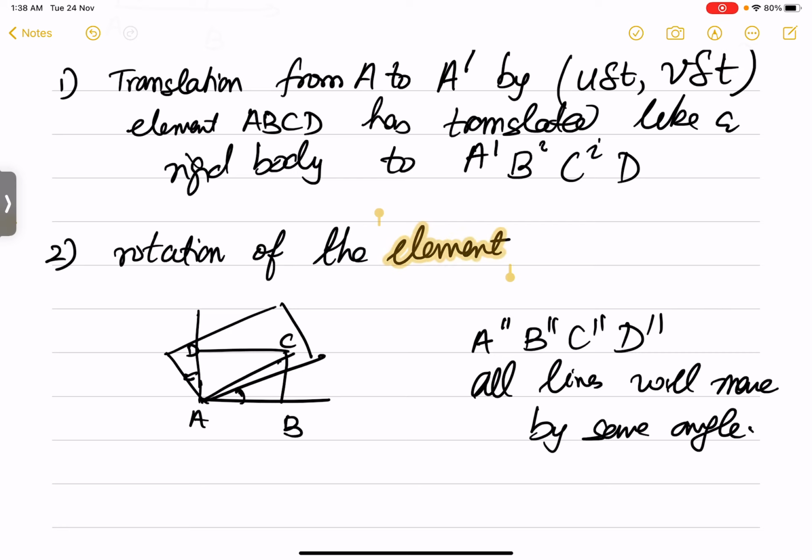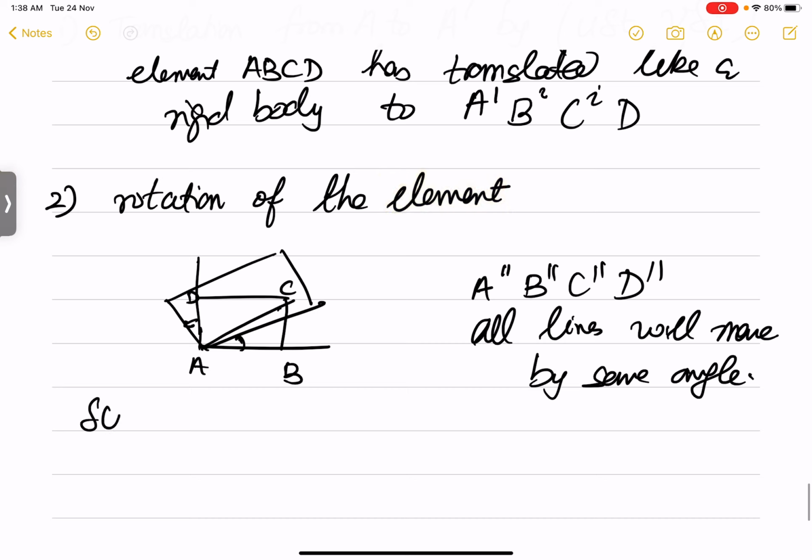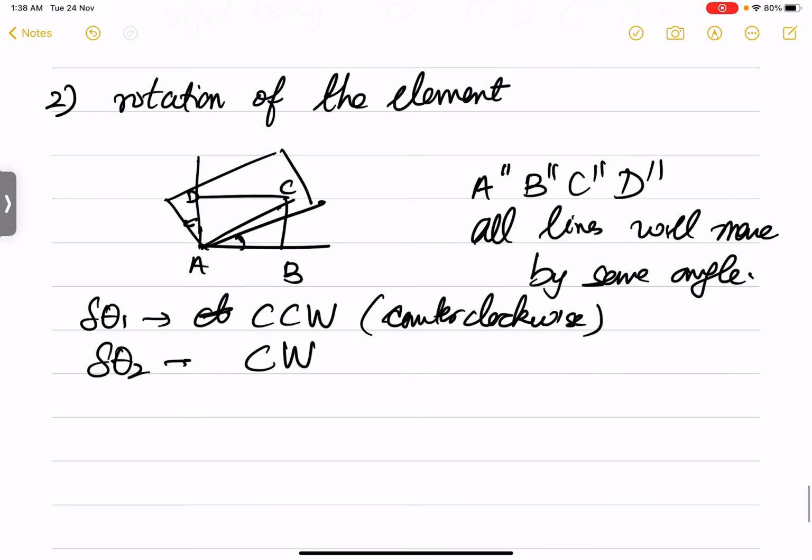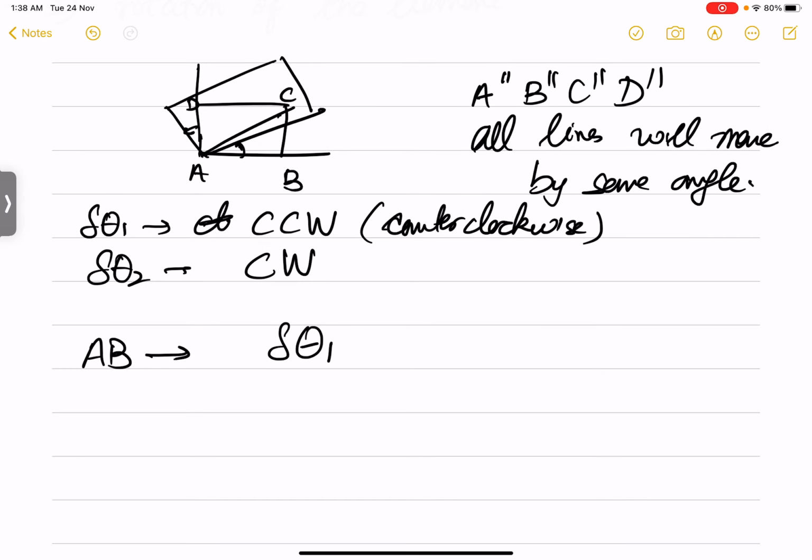Now the way we have defined our delta theta 1 is counterclockwise, and delta theta 2 is clockwise. Now the line AB rotates by an angle delta theta 1.